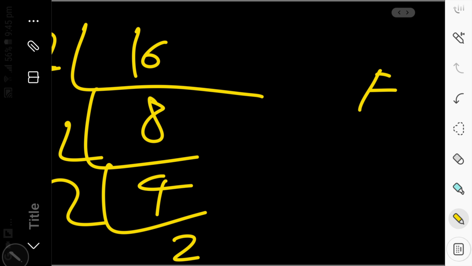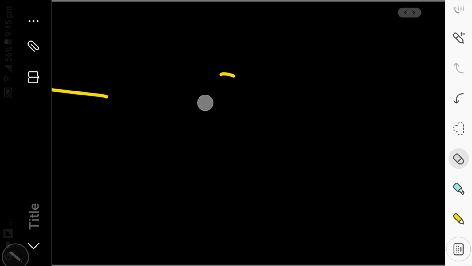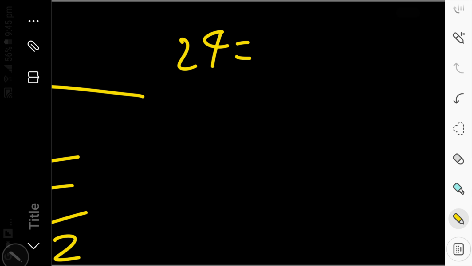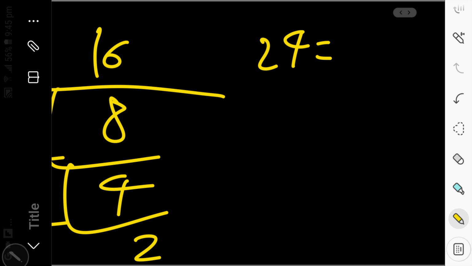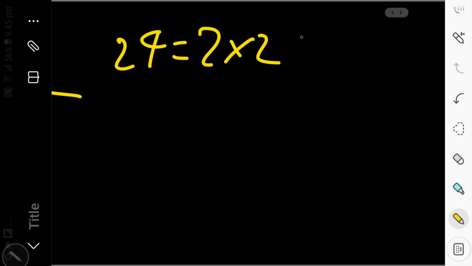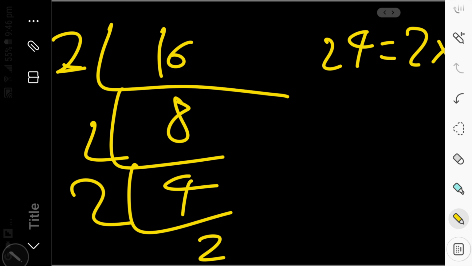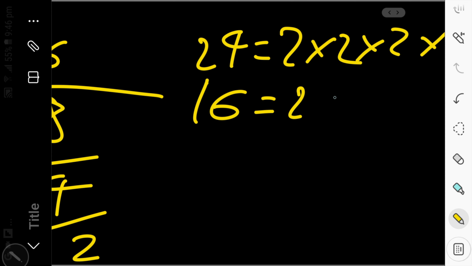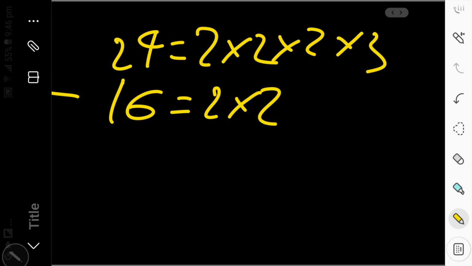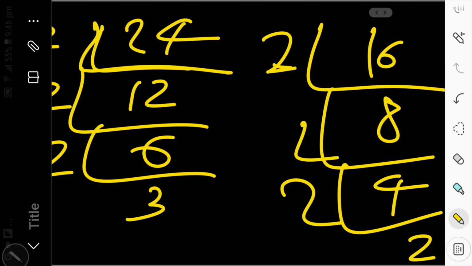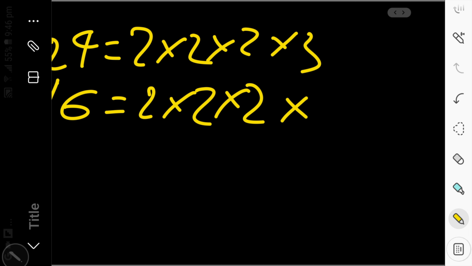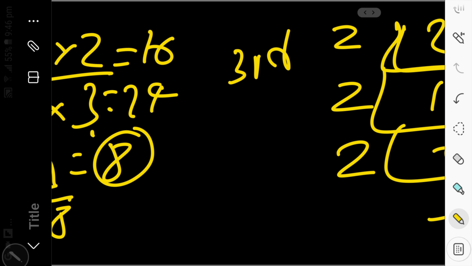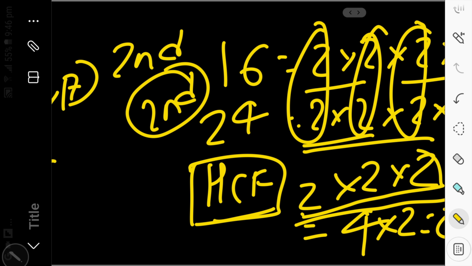Now here 24 gives us 2 into 2 into 2 into 3, and 16 gives us 2 into 2 into 2 into 2, which is the same as using the second method.